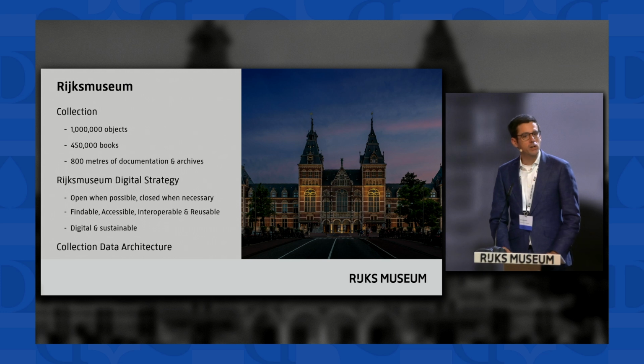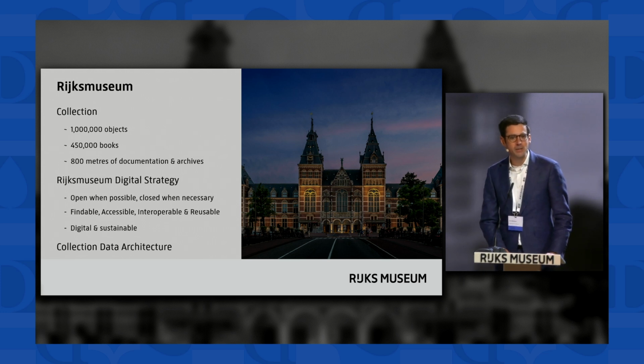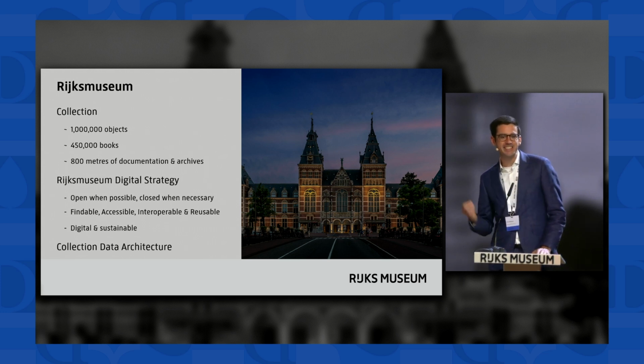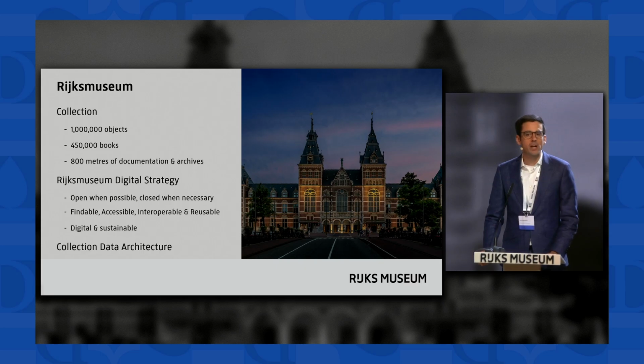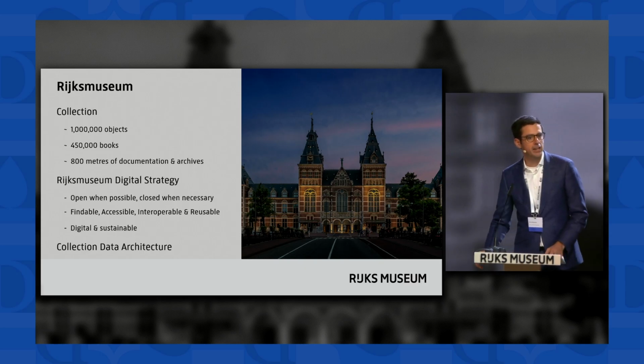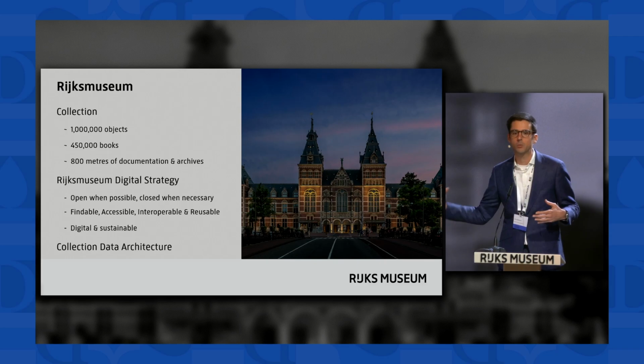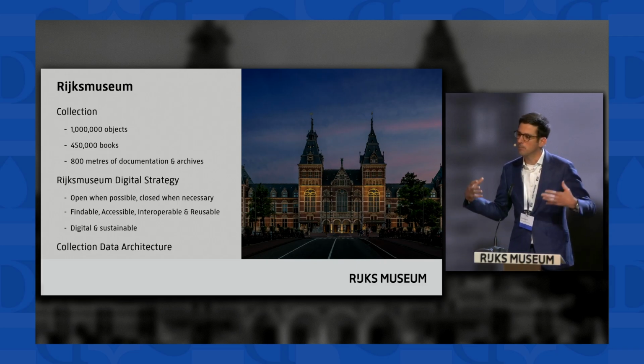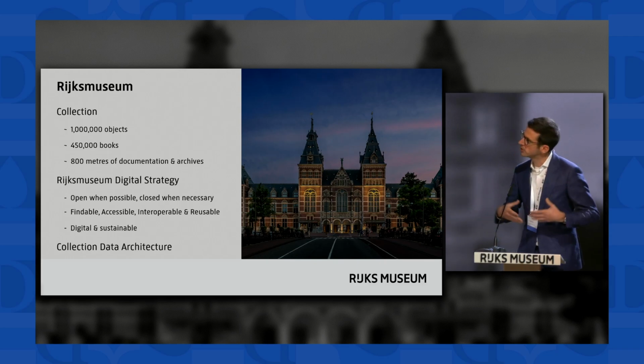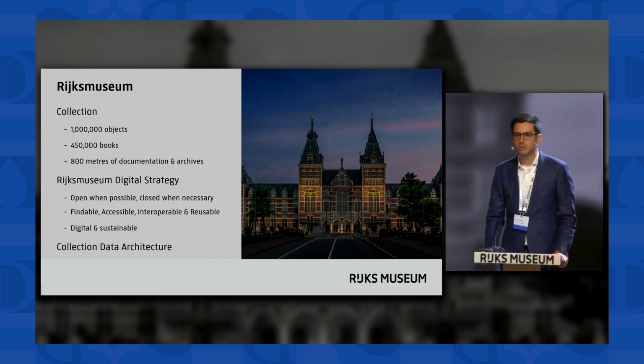You might be aware that we're already in the Rijksmuseum, but what I always tell is we have a lot of objects. And from those objects, we can display just 8,000 within the museum. So a big reason why we do digitization is to provide access to those other 1 million objects.